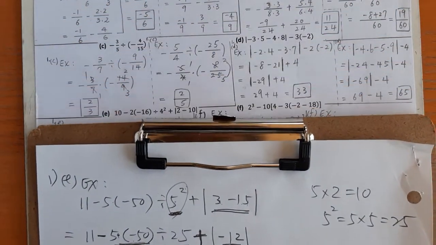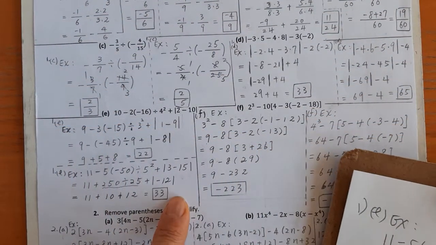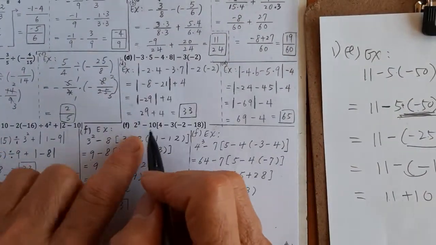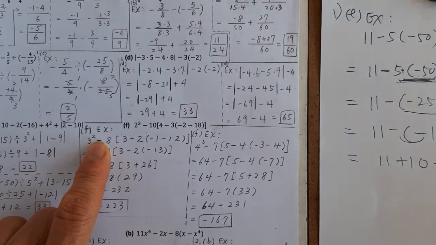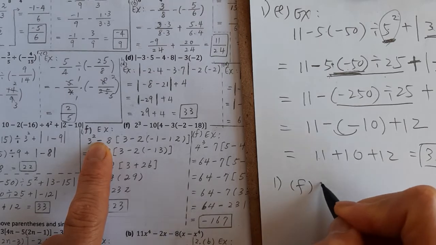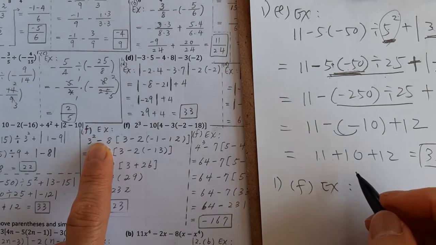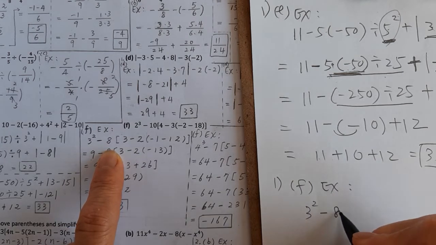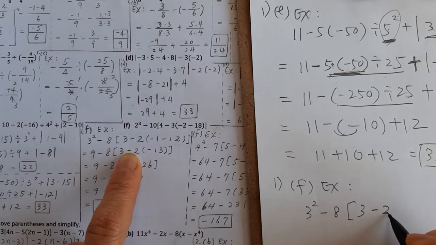Then next example, 1F. This is your question. Let's try example 1F. It's 3 squared minus 8 times the quantity 3 minus 2, negative 1, negative 12.